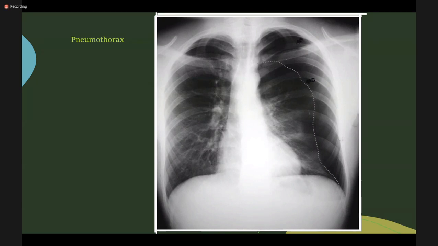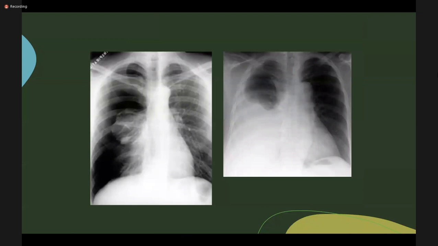Guys, this needs a lot of practice. Once you become an expert, you need time. But this is a classic pneumothorax. Okay, now you have two images. Let's talk about pneumothorax. Now it's more clear. You can see the lung which has collapsed. Are we fine?